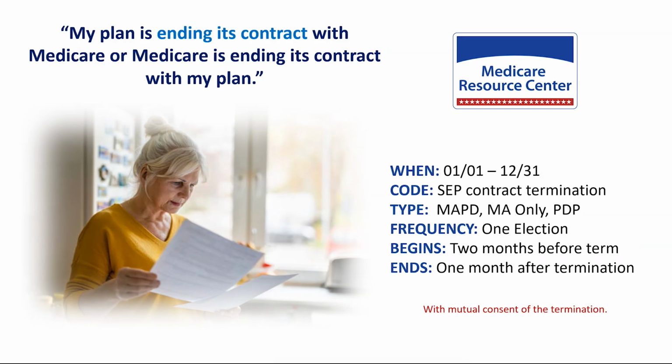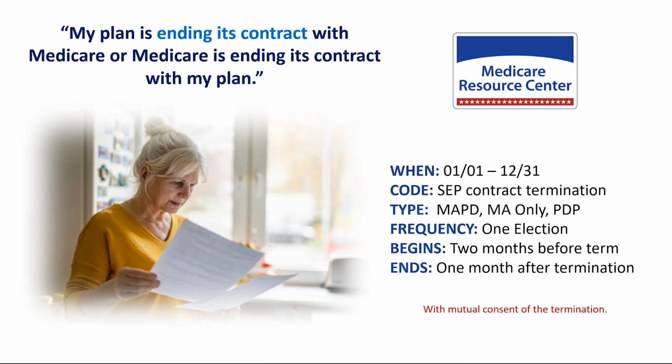Okay. Now, this is a different situation. And there's two different scenarios here. There's one where my plan is ending its contract with Medicare or Medicare is ending its contract with my plan, then there's a special enrollment period for contract termination. Now, the time frames are different depending on whether it was with mutual consent of the termination.